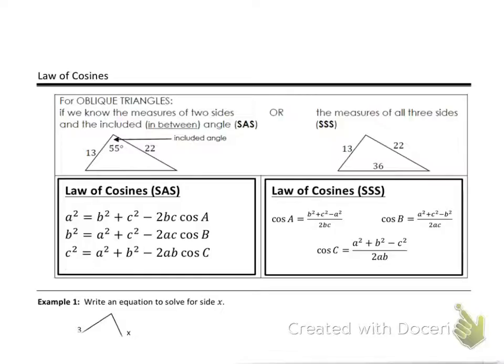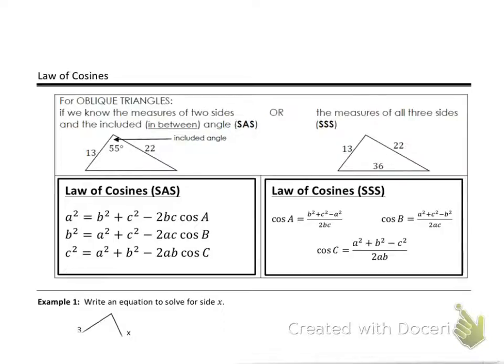Because if I'm looking at B, I know I'm primarily using A and C. So I'm going to do A squared plus, I'm talking about B, so I'm going to do C squared minus 2, and this goes in the same order, AC. And then I know it's the cosine of B, because that's the side I'm looking for. So once you remember that pattern, it's not so much memorizing, it's the off sides that you're primarily doing.